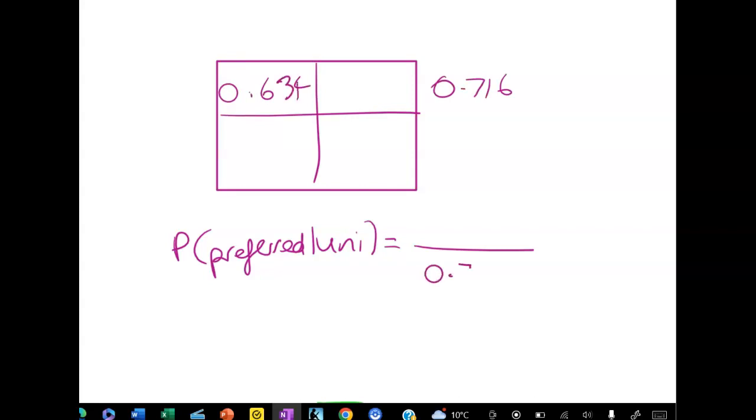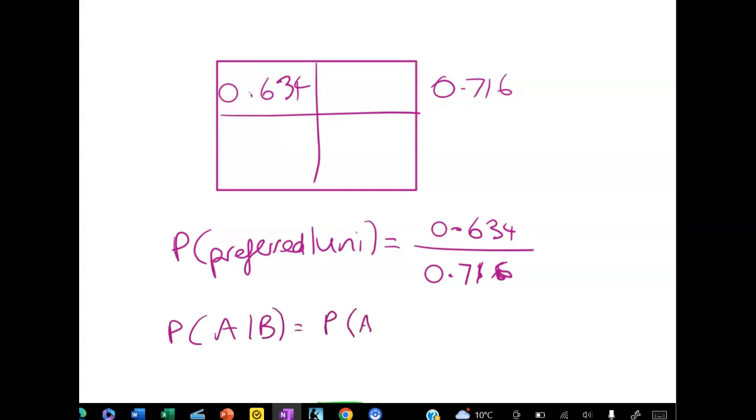So I'm just choosing out of the ones going to uni, 0.716, and then in the numerator, I've got 0.634. Remember that when I do a conditional probability, the numerator is the probability of both things happening, A and B, and the denominator is just the probability of B happening. So that's what I'm calculating here. Now, that probability works out to be 0.885.